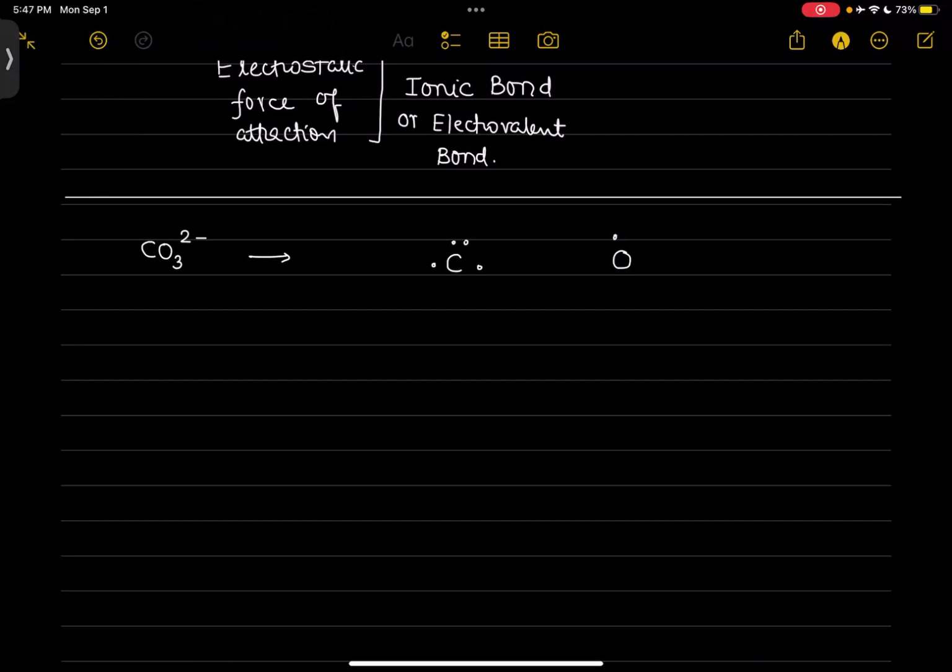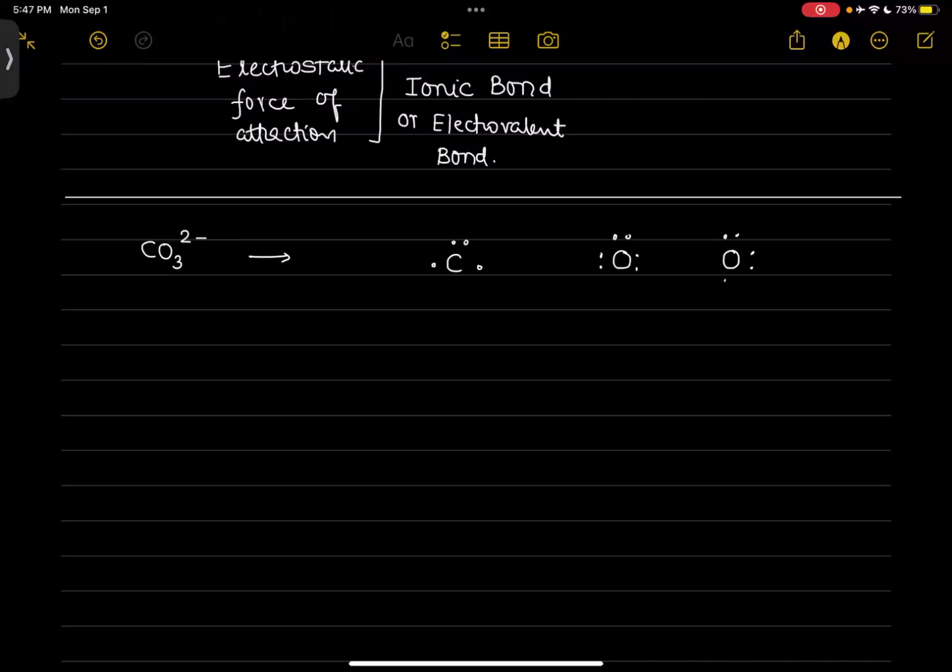Oxygen is the 8th element, so it will have 6 valence electrons. Got it? Yes. 2 and 6. And take 2 oxygens as oxide ions. How will you write the oxide ion? O minus, it will have 7 valence electrons.